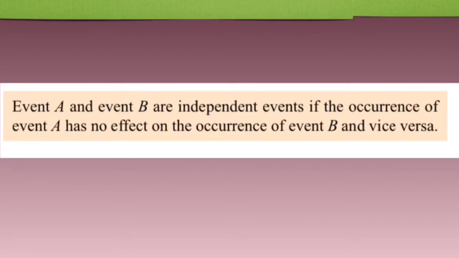Event A and event B are independent events if the occurrence of event A has no effect on the occurrence of event B and vice versa. In other words, event A and event B are dependent events if the occurrence of event A affects the occurrence of event B.